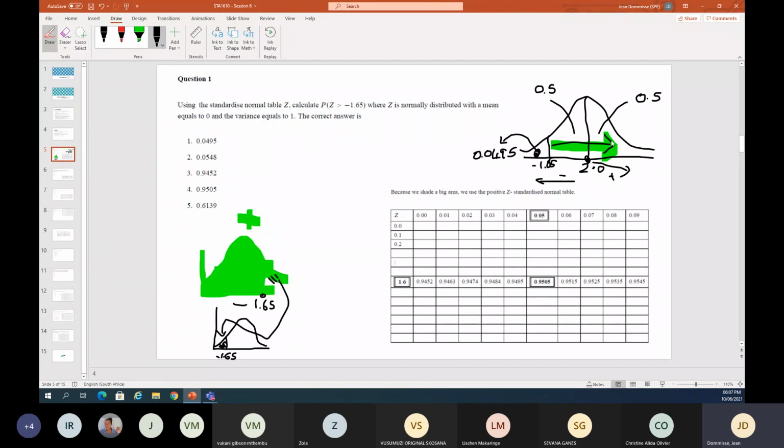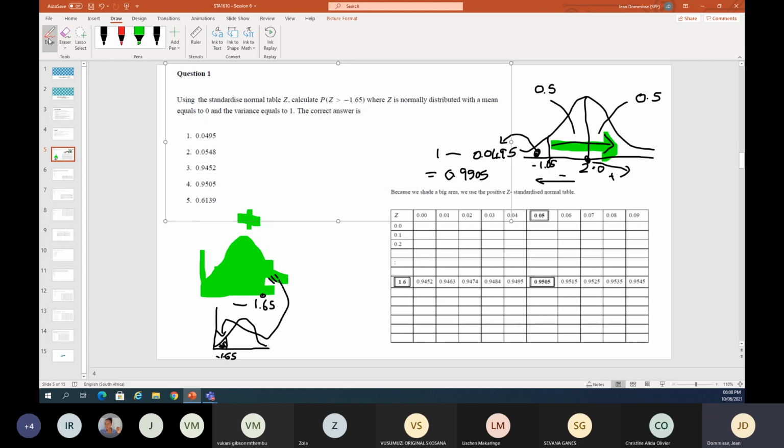We need the bigger than, so we say 1 minus that small area, and that gives us 0,9505.